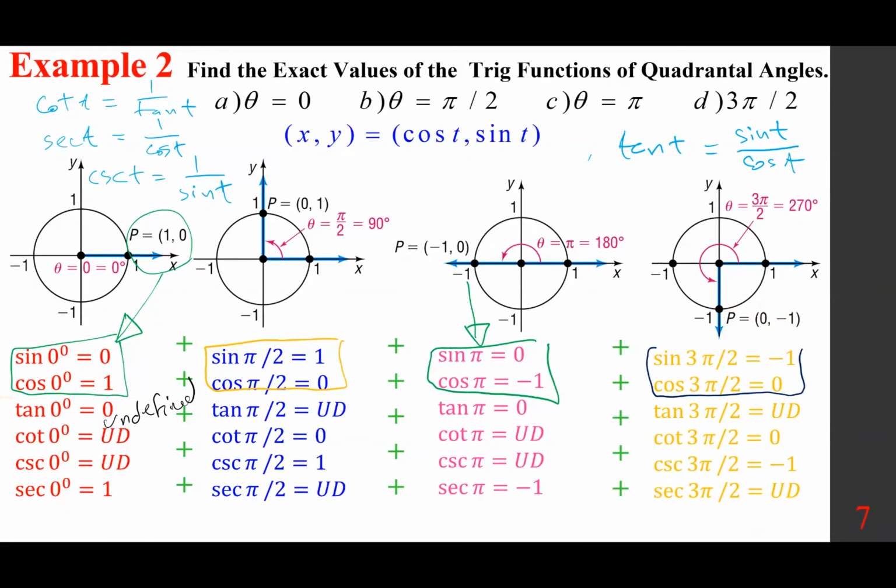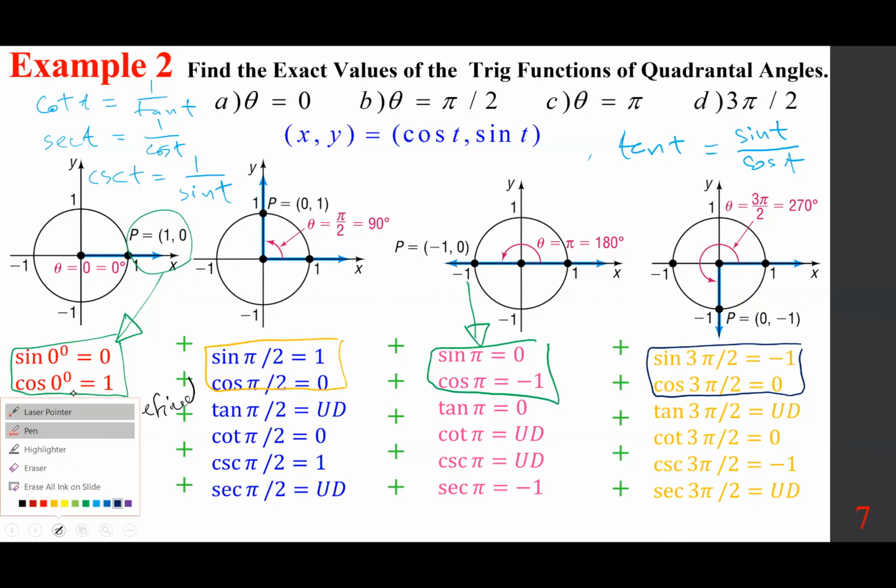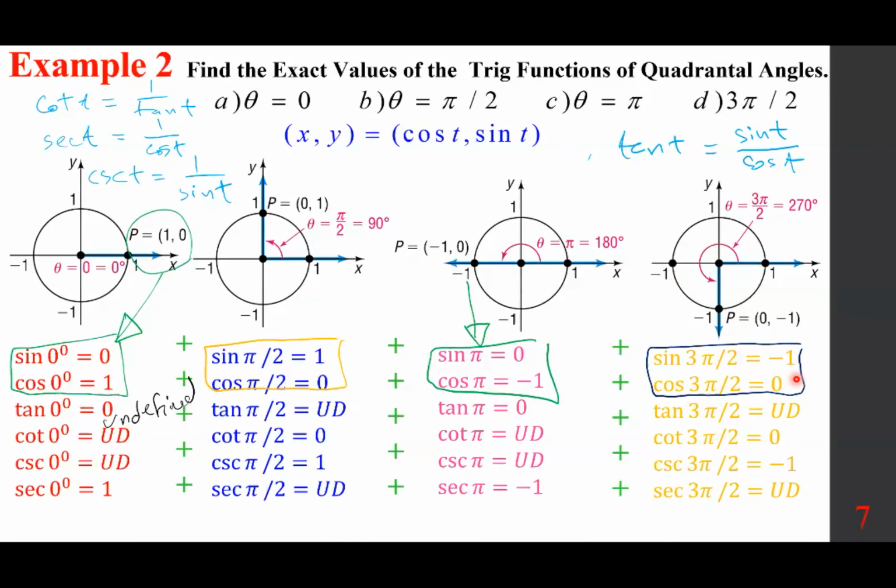What is tangent? Sine over cosine. Negative 1 over 0 is undefined. Cotangent, you can say cosine over sine. 0 over negative 1 is 0. Cosecant, 1 over sine. The reciprocal of this number is negative 1. And secant is the reciprocal of cosine. 1 over 0 is undefined.